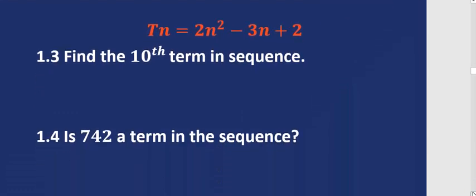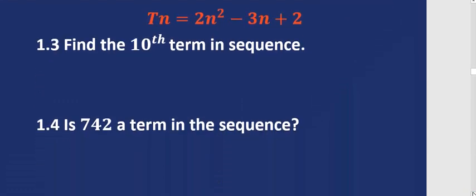Okay, I've rewritten the quadratic formula there. So find the 10th term in the sequence. That's easy. All you do is you substitute 10 where there's an n, because we are looking for the 10th term. So 10 squared, wherever there's an n, we're just going to substitute 10.